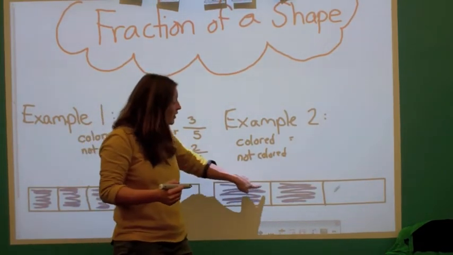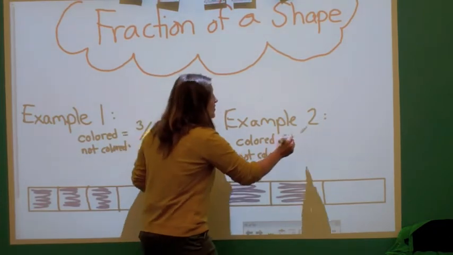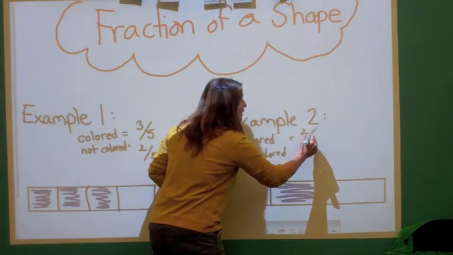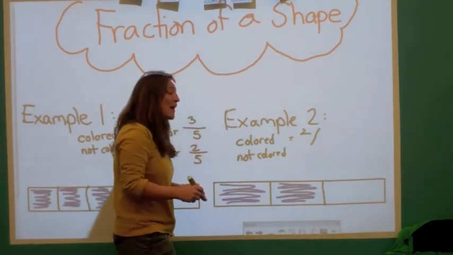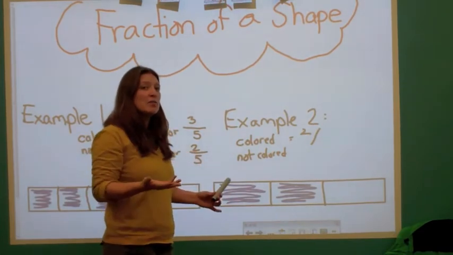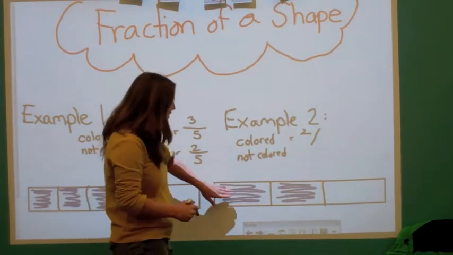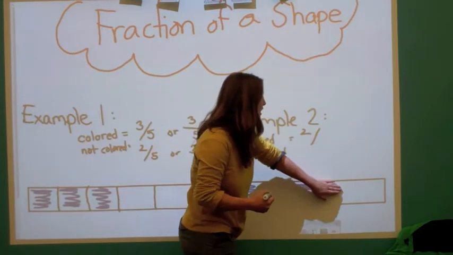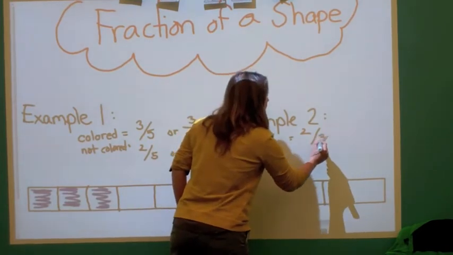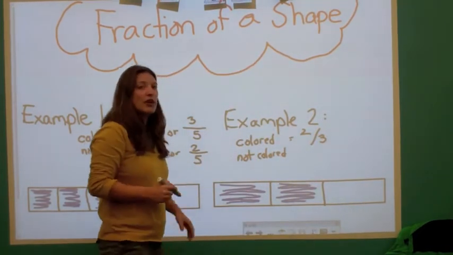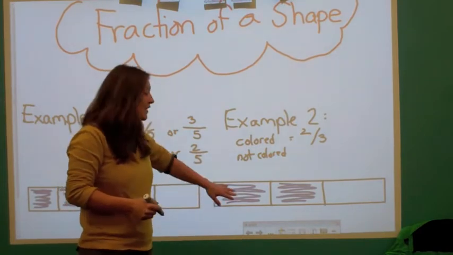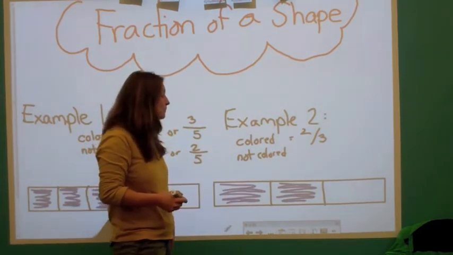And there are 1, 2 colored pieces, so that's my numerator. And then my denominator talks about how many pieces altogether. So I see 1, 2, 3 in all. So 2/3, or 2 out of 3 of these pieces are colored.